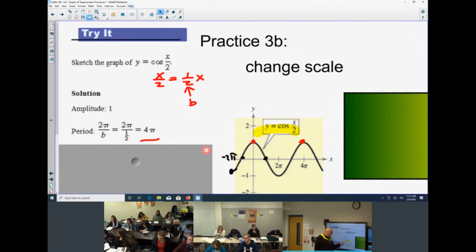So from here to here, one complete cycle, it should be 4 pi, and you should have that labeled on your x-axis. So two things I would want: the point 0, 1, and then when it goes through the period, you have 4 pi labeled.